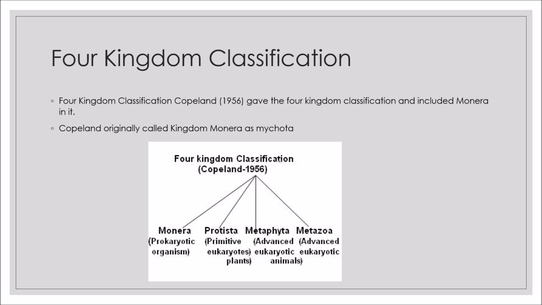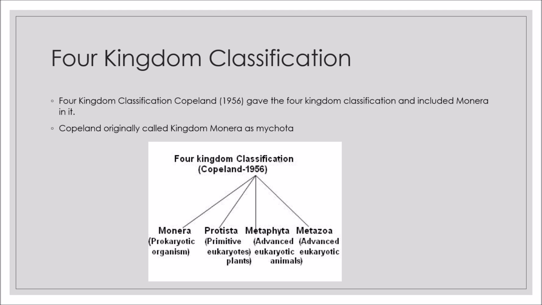And under Metaphyta, the advanced eukaryotic plants were placed. The cell organelles are well developed and they are very advanced. If you look at organisms from hundreds of years ago, they would have developed and evolved, and according to the current situation they would have developed their characteristics.